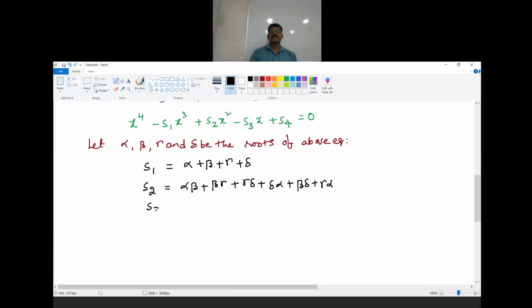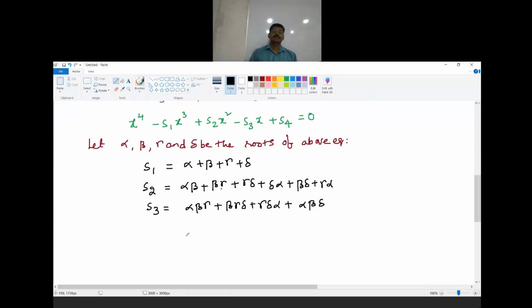Next, S3 is the sum of the product of three roots taken at a time. Three roots: alpha beta gamma is the first combination, plus beta gamma delta, plus gamma delta alpha, next alpha beta delta is another combination.